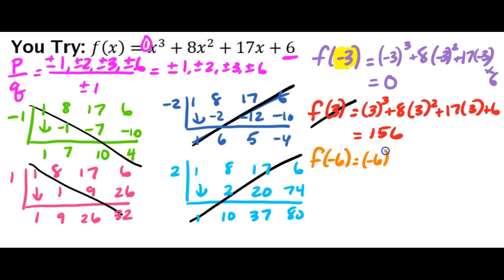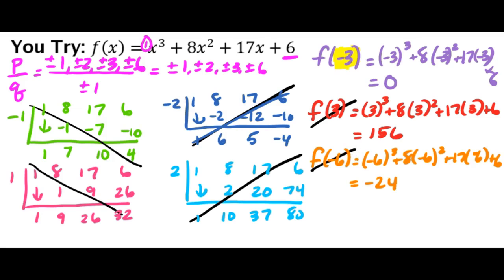So this one, we'd be plugging in negative 6 everywhere you see an x. And when you type that into your calculator, it gives you negative 24. So this one also doesn't work.